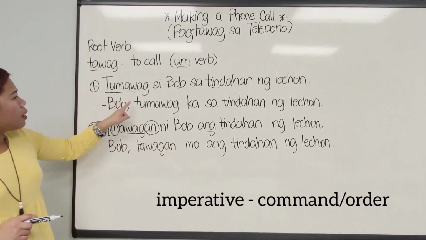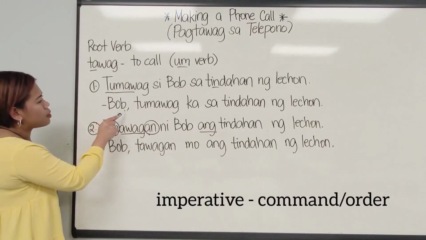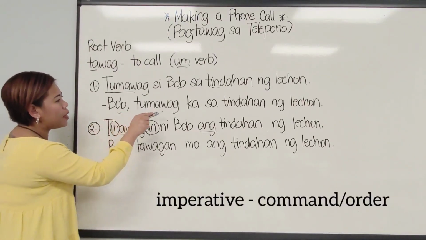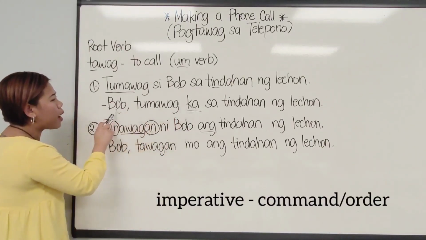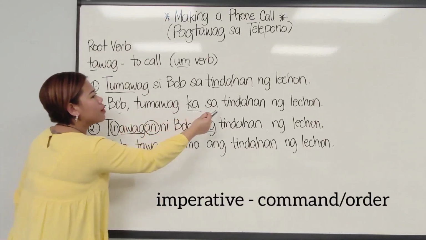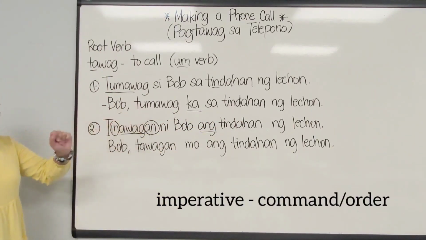But then, since someone is talking to Bob, it says ka. Bob, tumawag ka. You, Bob, you call the lechon store. That is the imperative form of the verb.